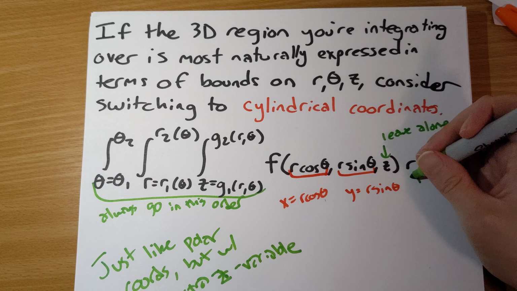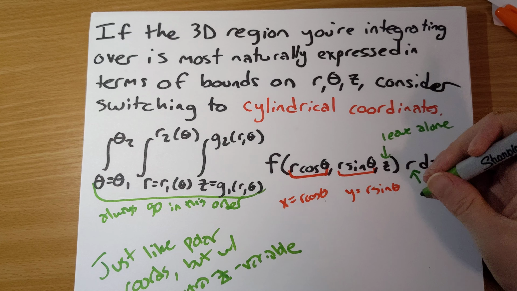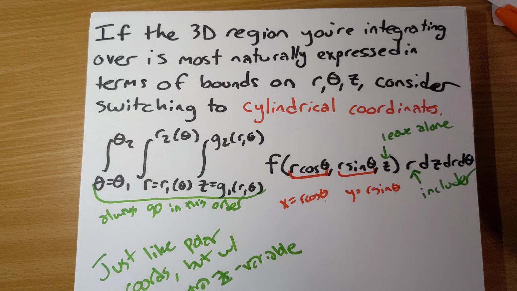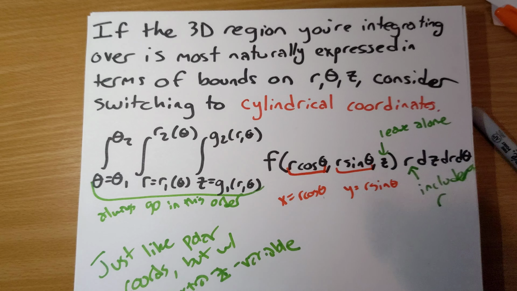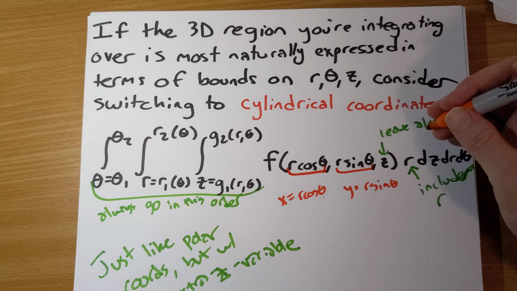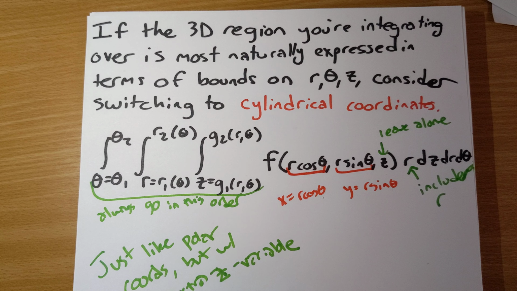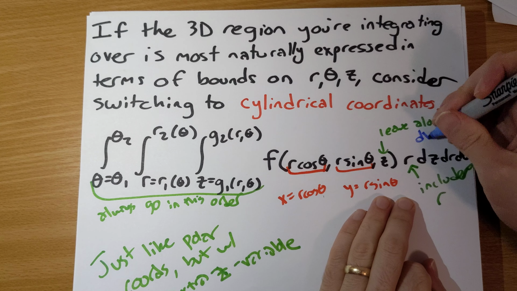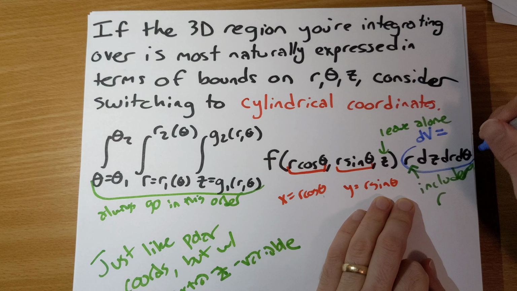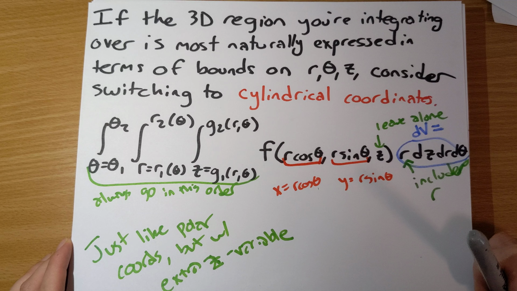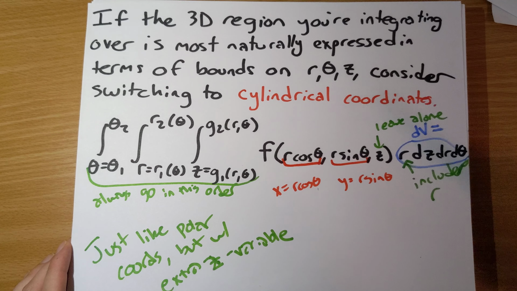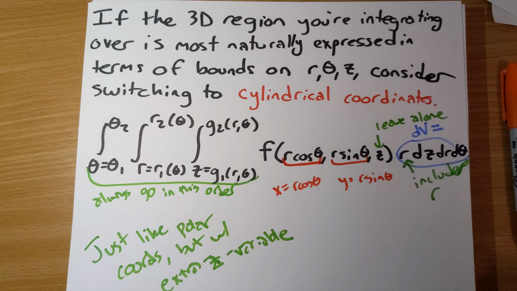And finally here, just like in polar coordinates, for the same reasons, when you switch over to cylindrical coordinates, dV is equal to r dz dr d theta. So we need to throw in an extra r in there. Okay, so that is the setup here.